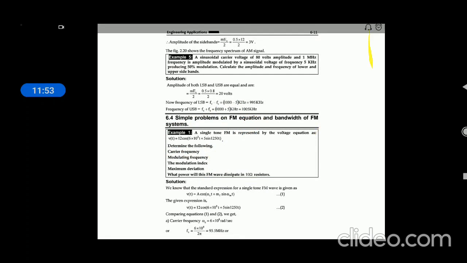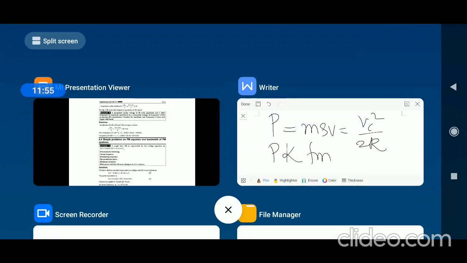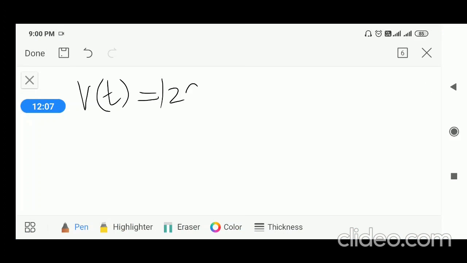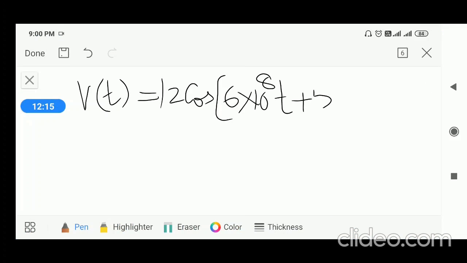Right. First we'll compare with the standard time domain equation, then we can calculate everything. The time domain equation is v of t is equal to 12 cos(6 into 10 to the power of 8 t plus 5 sin 1250 t).